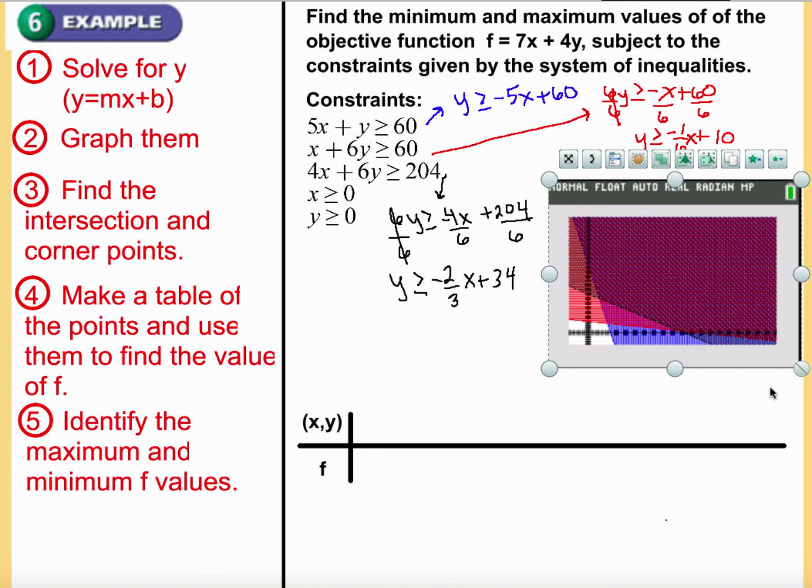Well, now that's lovely. Can you see on this graph the area where we are going to have all of our solutions? I'm going to highlight this in white, I think. It's all of this kind of purpley area here.